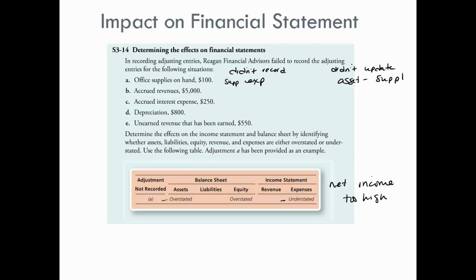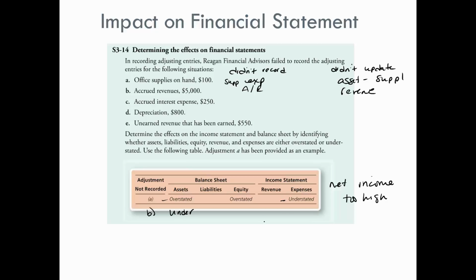If we look at accrued revenues, that would have been a debit to accounts receivable and a credit to the revenue account. So if I didn't do that, then for B, I didn't record this. So my asset would be understated because I didn't add that into accounts receivable.